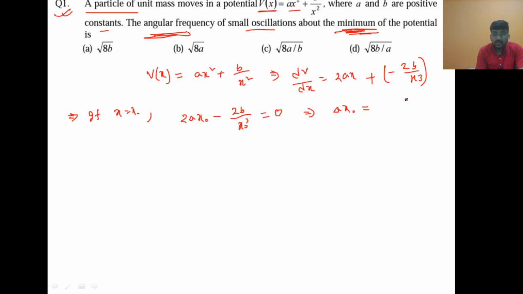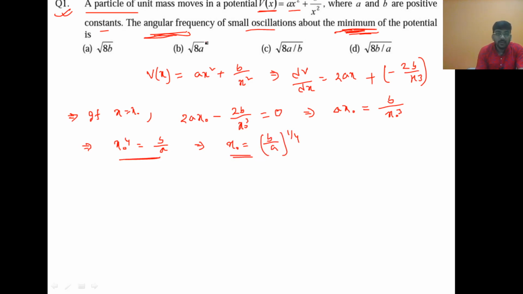So a x0 = b/x0^3. That means x0^4 = b/a, or you can say x0 = (b/a)^(1/4). So this is the point.